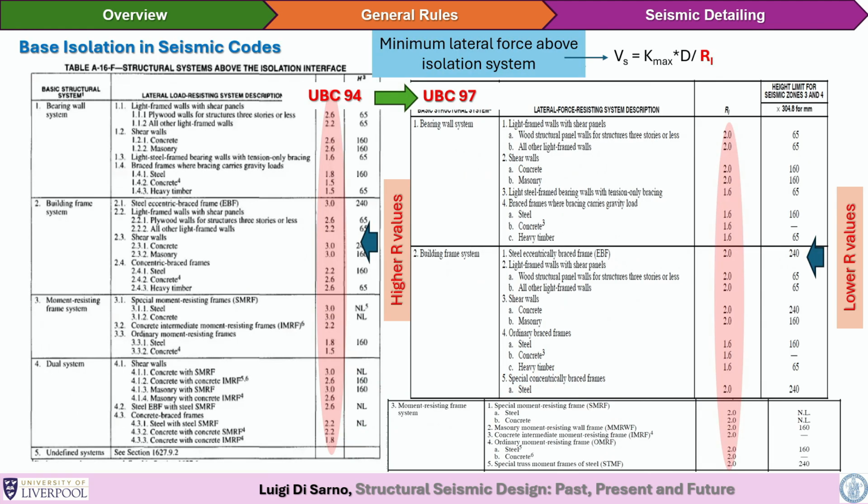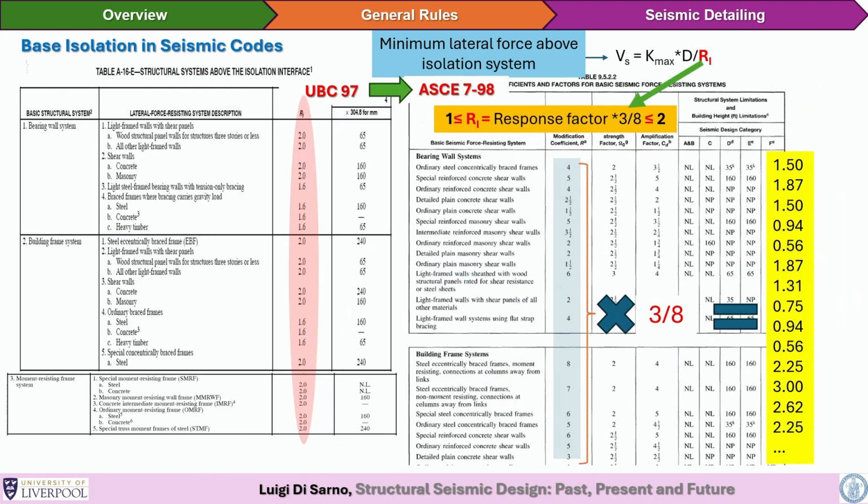Some of the design issues that relate to the structure. If we are going to design a base isolated structure, the design is becoming very, very simple. The top part is elastic, is rigid, so you don't need to do any calculation. The bottom part is a single degree of freedom. So again, go back to basic structural dynamics. By hand, you calculate everything, the period, the flexibility, the number of isolators, and so on. And these are some of the indications of how it has evolved through the years.